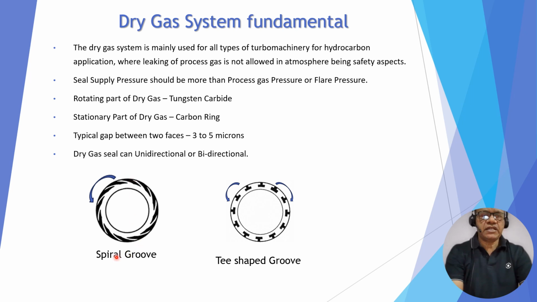If it is unidirectional, then it has a spiral groove, and if it is bidirectional, then various shapes are applicable, one of them is a T-shaped groove. So a T-shaped groove is bidirectional, and a spiral groove is unidirectional. Direction is shown here, and this is for bidirectional.